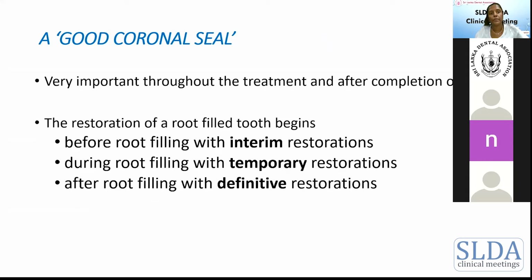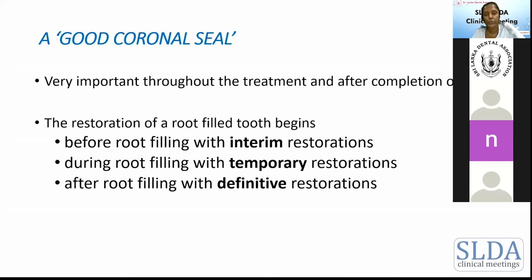So what is a good coronal seal? A good coronal seal is very important throughout the treatment and after the completion of the treatment. Usually the restoration of a root canal treated tooth begins before the root filling with an interim restoration, and during root canal treatment with a temporary restoration, and after the root canal treatment with a definitive restoration.